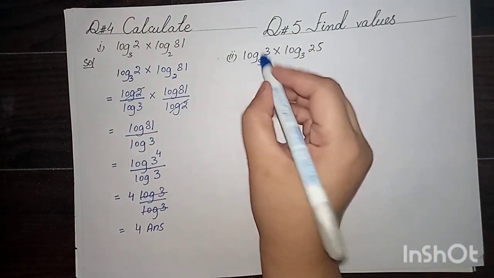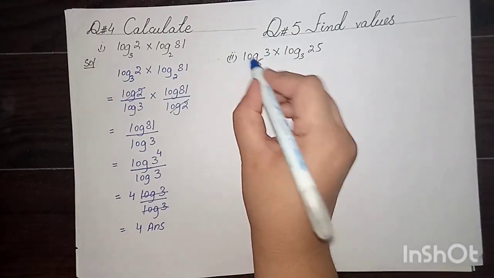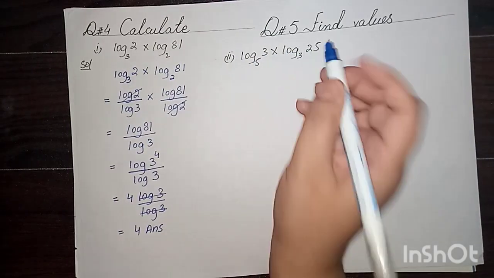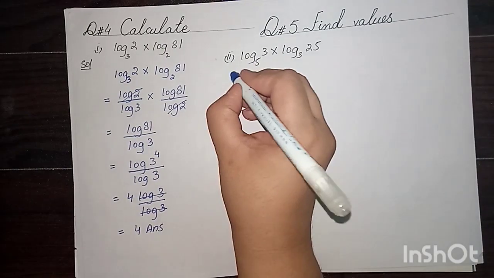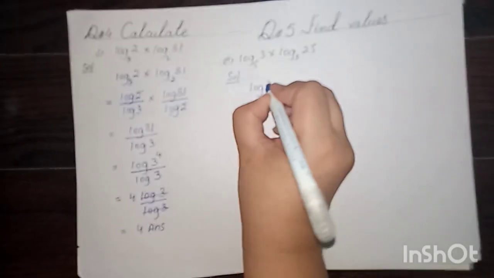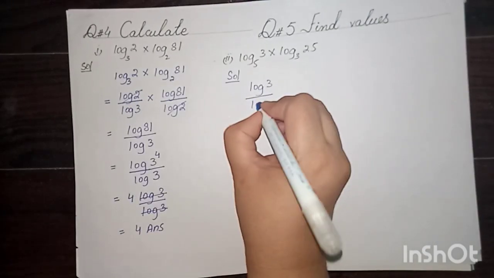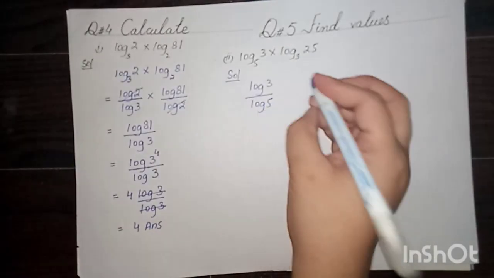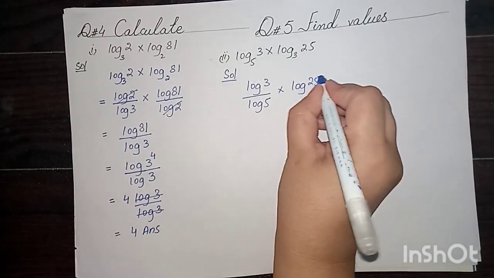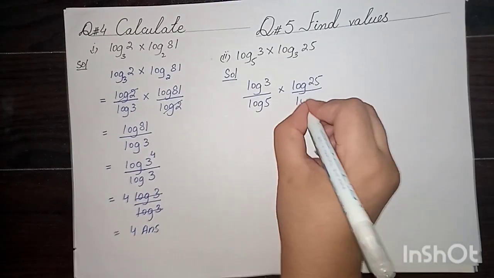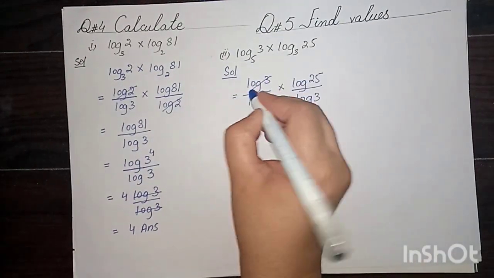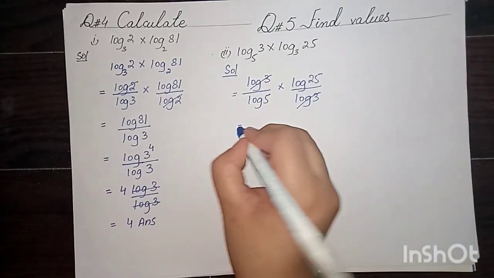Now my second part is log of base 5 3 times log of base 3 25. Same method we will use again. This is equal to log of 3 over log of 5, then log of 25 over log of 3. Then log of 3 cancels out with each other.